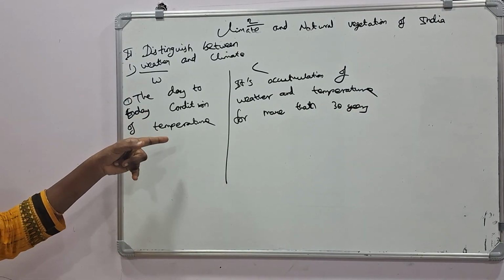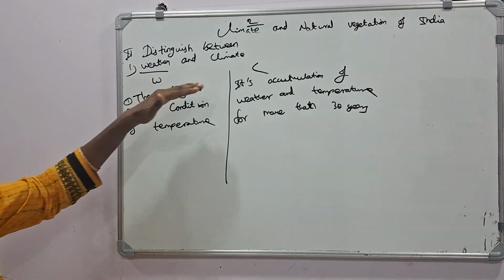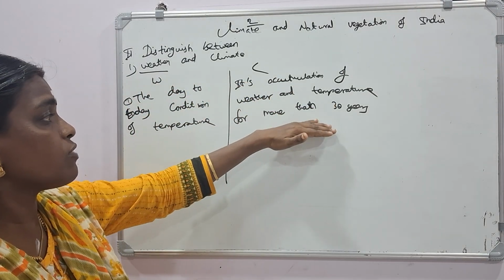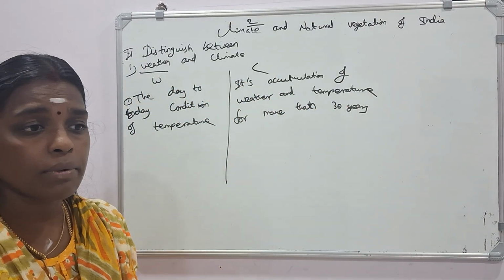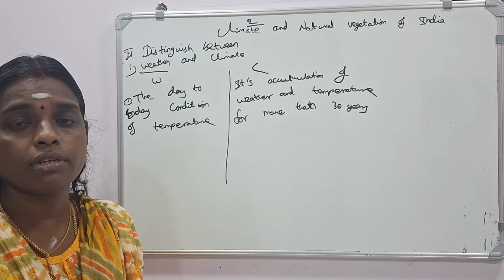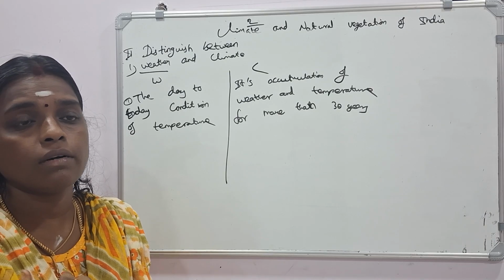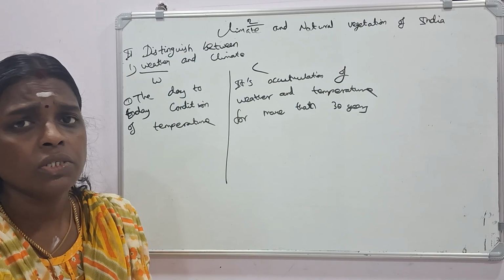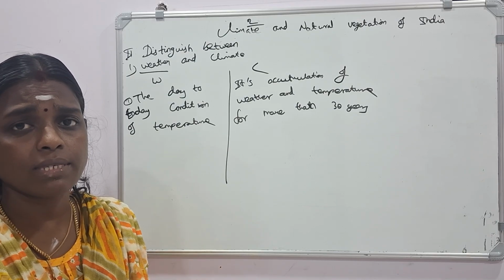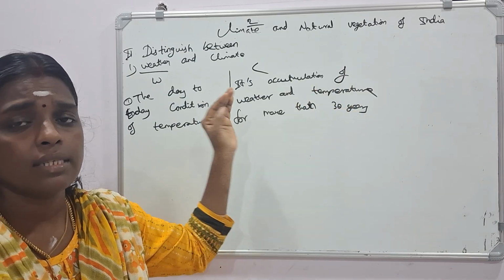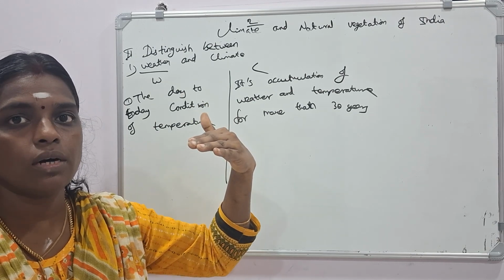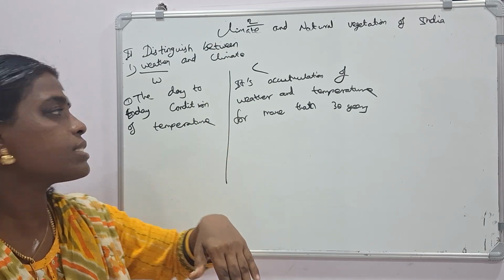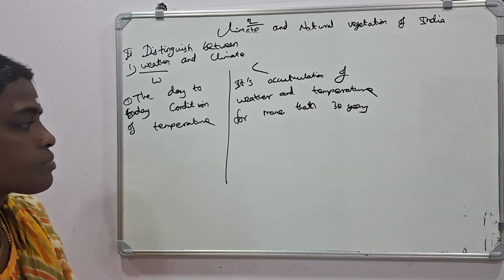So the day-to-day condition of temperature is what is referred to as the weather. It's an accumulation of weather and temperature for more than 30 years. The same kind of weather, same kind of temperature will be retained at a place for a long duration. That kind of condition comes under climate. The day-to-day change in temperature is what is referred to as the weather.